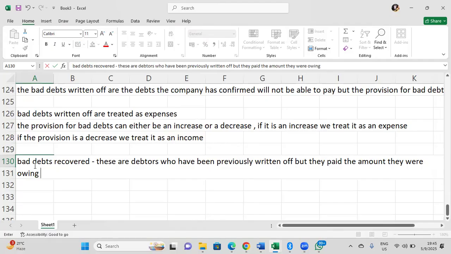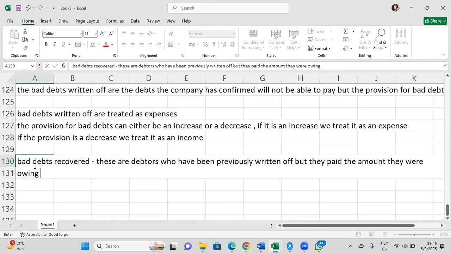So we wrote off this person, saying they are not able to pay us. And suddenly, they win a lotto. So they are now able to pay. That one is called a bad debt recovery. This is a bad debt previously written off, but now it has been recovered.